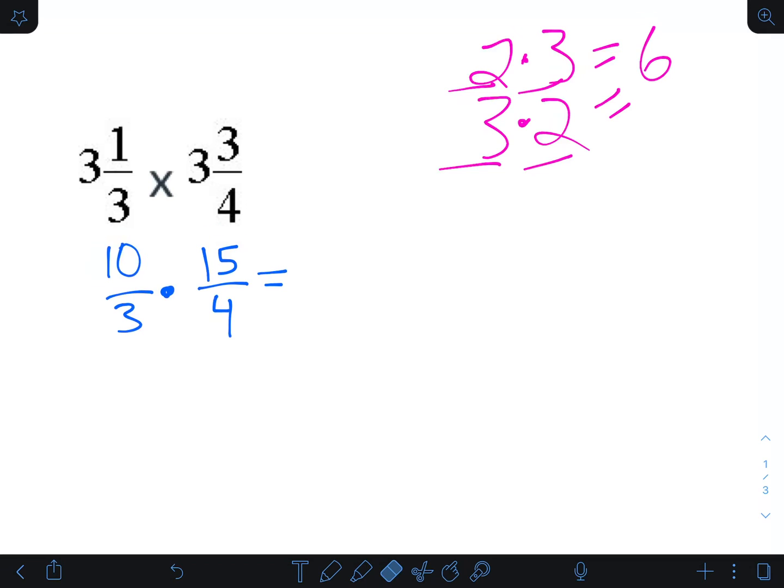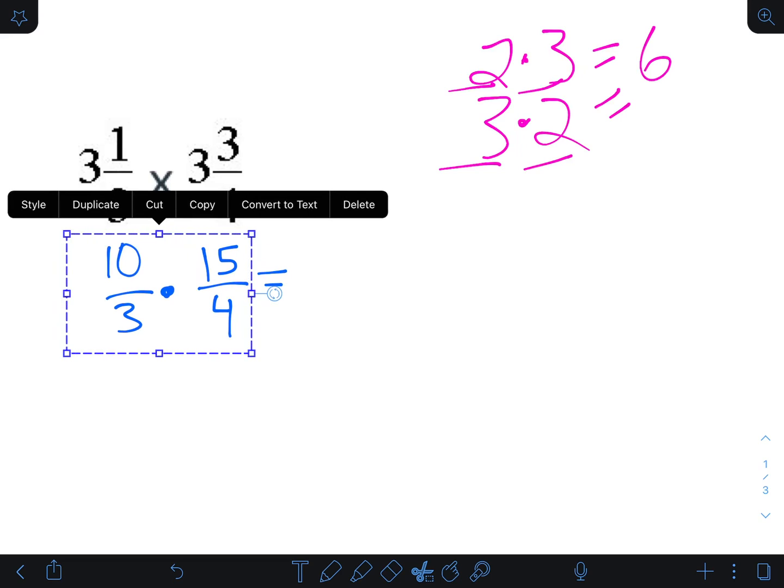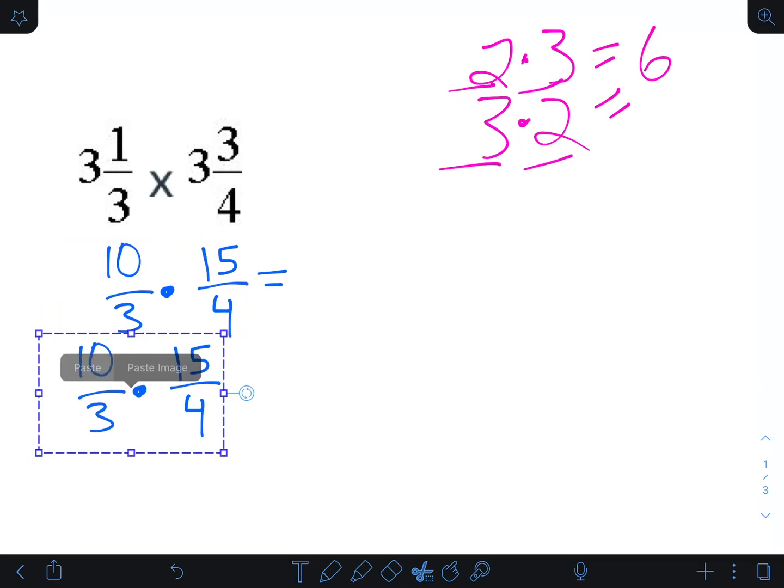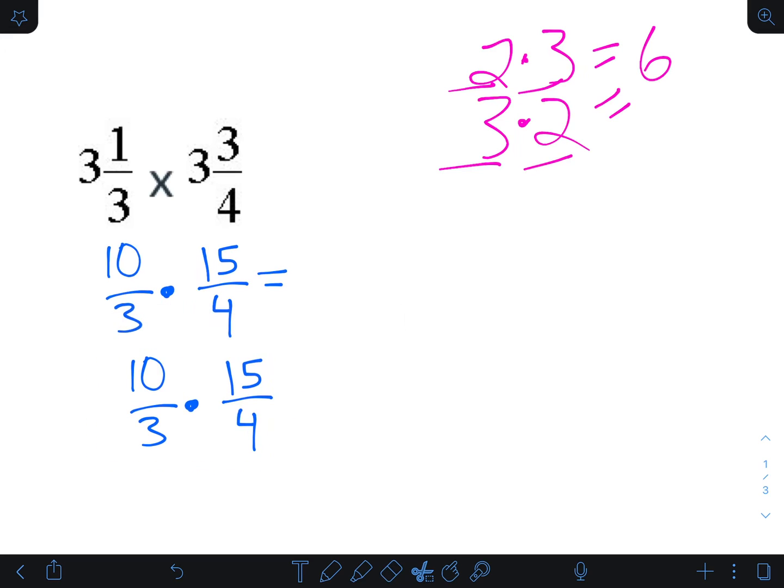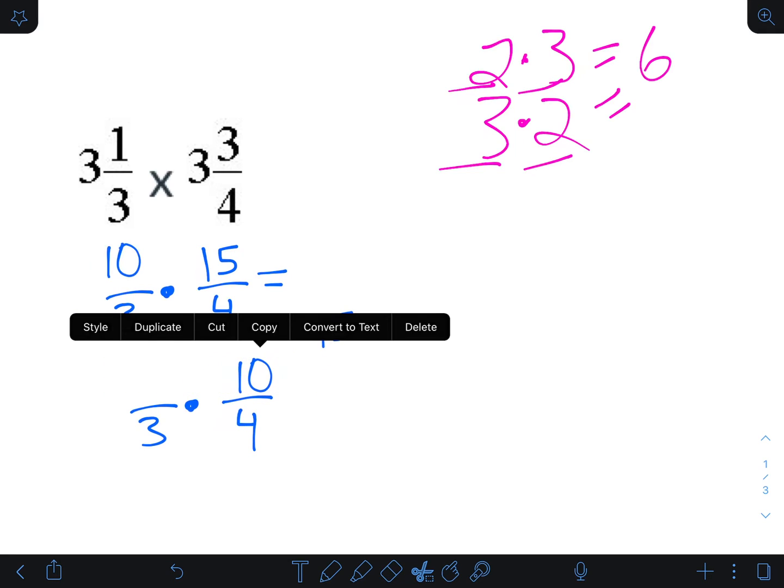Okay, here's what I mean. We're going to switch the 10 and the 15. It's going to be crazy cool. Watch this. So we're going to move the 15, move the 10. So we're just going to switch spots.